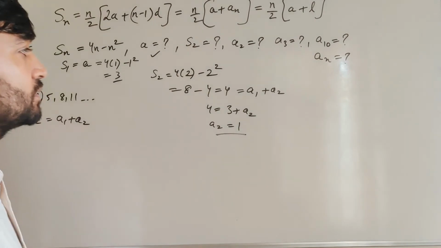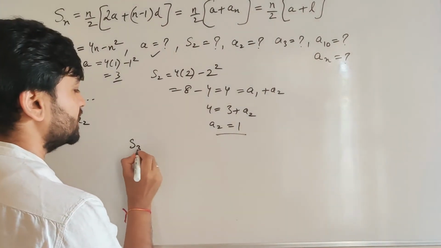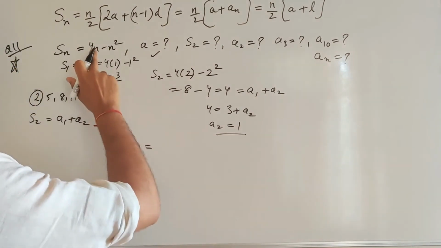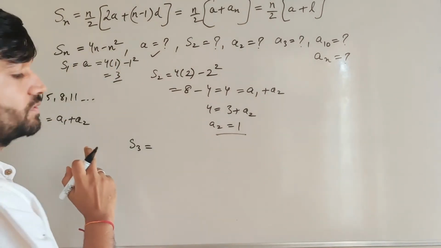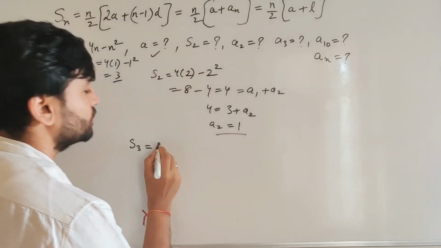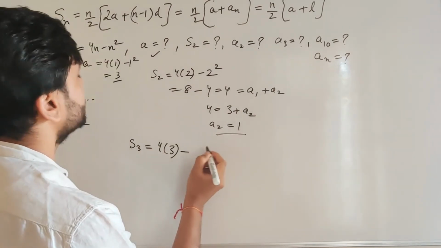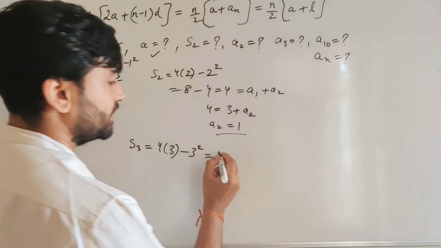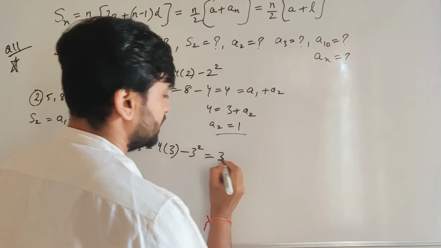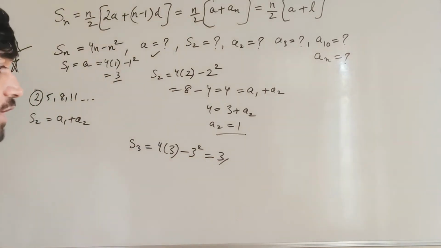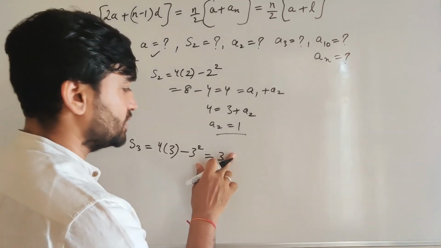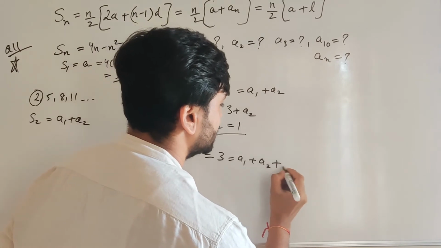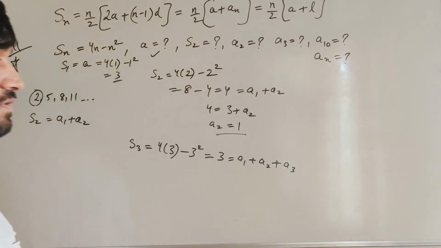Okay. Let us find S3. So A2 we have found. S3 is what? n equals 3, I'll substitute in this to get S3. So I'll get 4 into 3 minus 3 square, which is going to give you 12 minus 9, as 3. Okay. So S3, what does it mean? S3 means the sum of the first 3 terms.